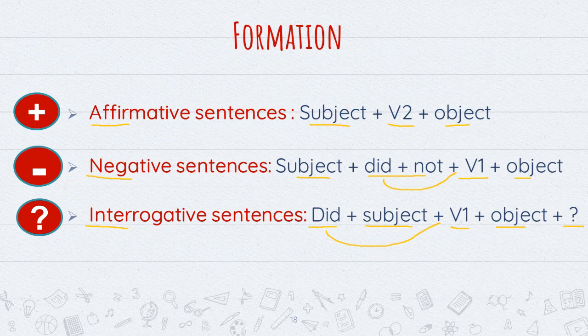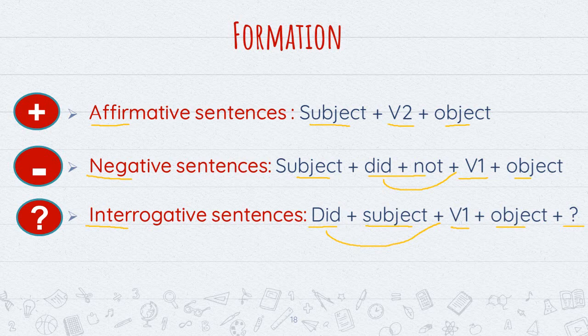Next is affirmative sentences. Formation of affirmative, means positive sentences: we use subject plus second form of the verb plus object. In negative sentences, we use did, as did is the second form of do. In present tense we used do.